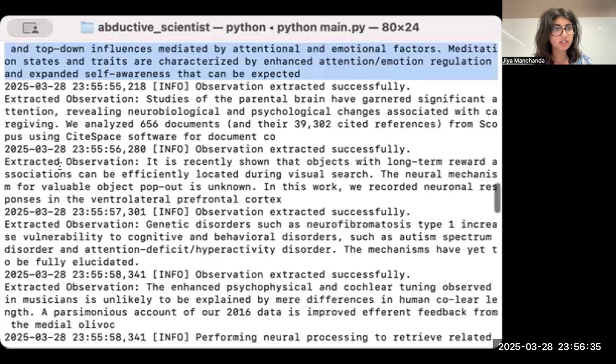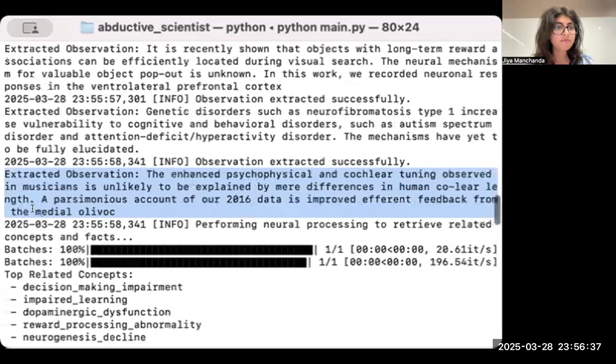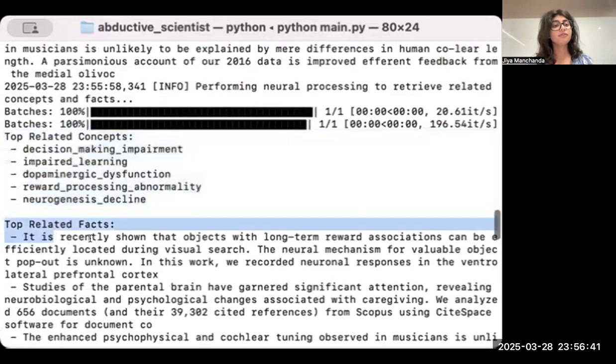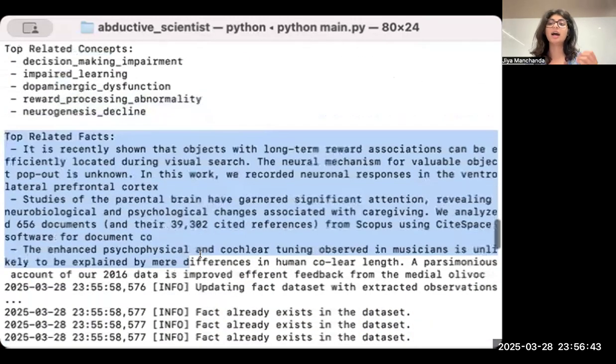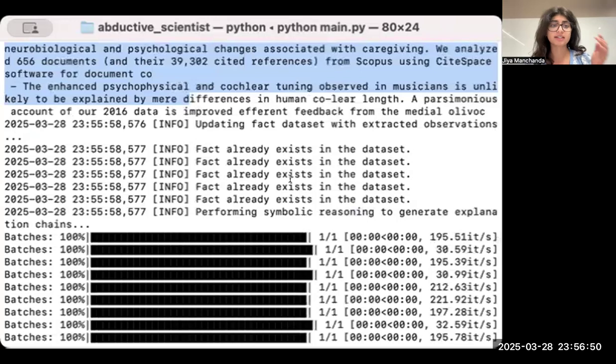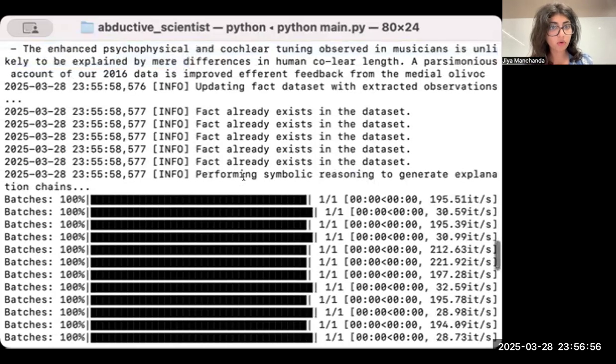It comes out with those observations, and then it highlights the top related concepts, the top related facts that it extracts from those. It appends those facts into the data set that I'm using, in the case that it doesn't already exist, and if it already exists, then that's perfectly fine. And it exists because I've already done this one before.